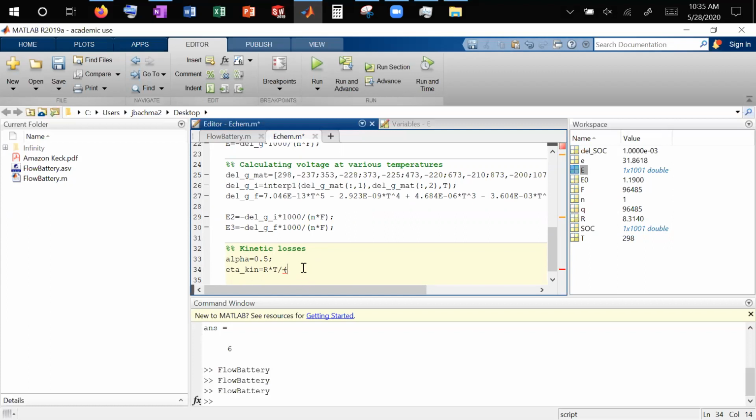So we'll have our alpha times our N times our F, times log of J, and we'll do everything in current density. So we can do J divided by J naught.